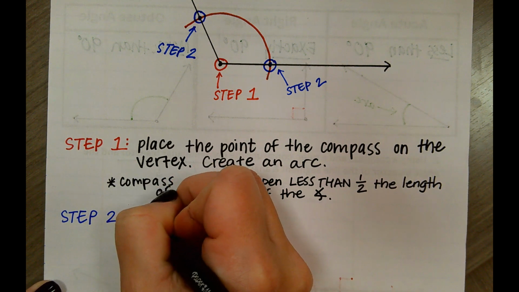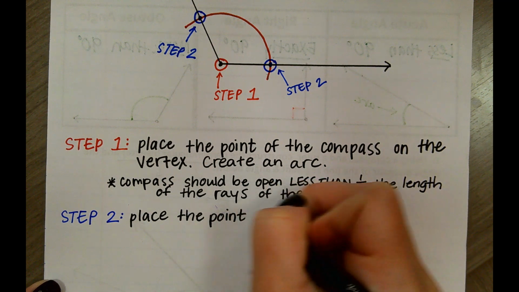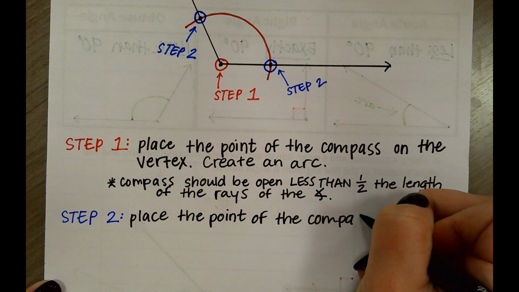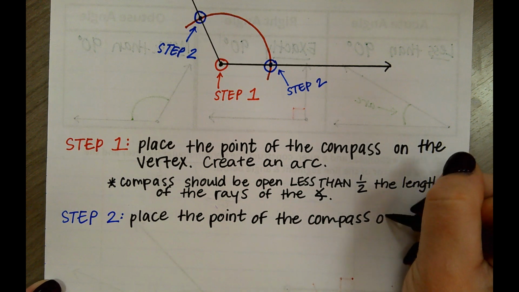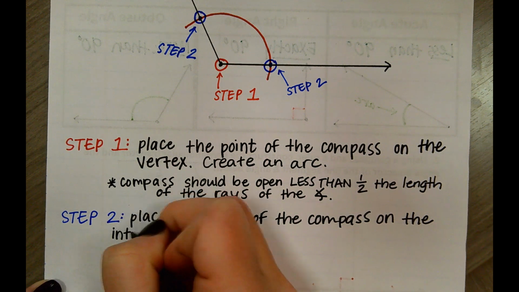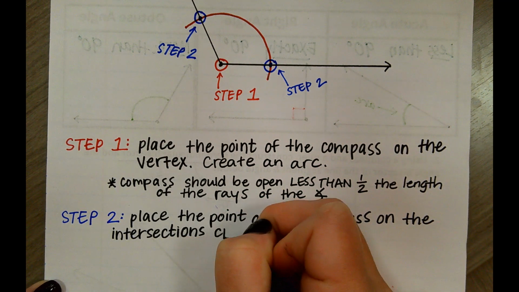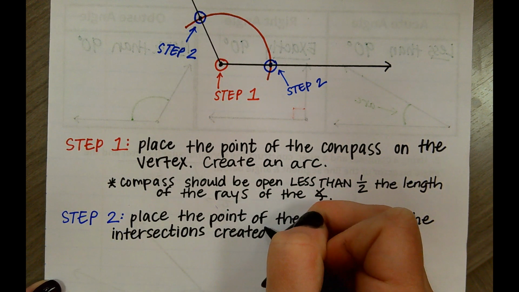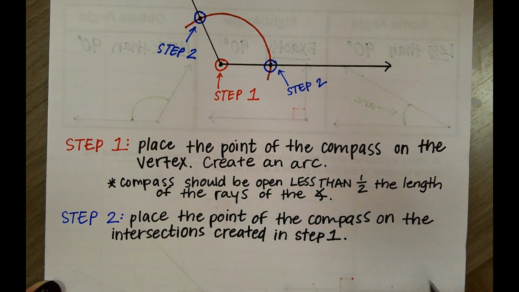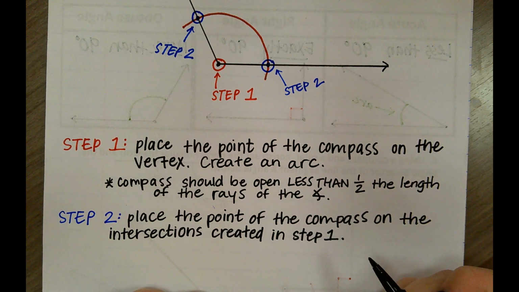So place the point of the compass on the intersections created in step 1. Then we're going to create 2 new arcs.